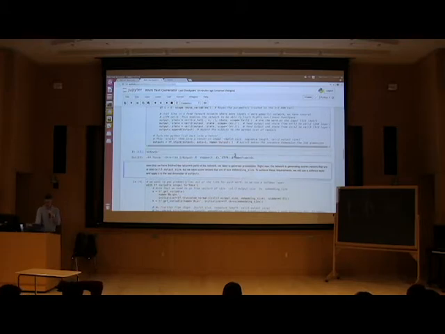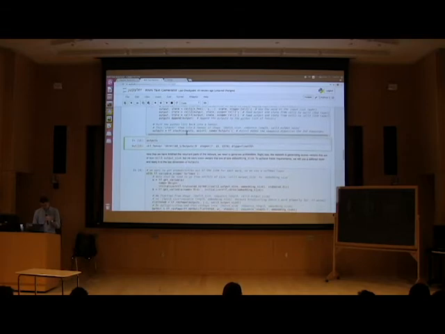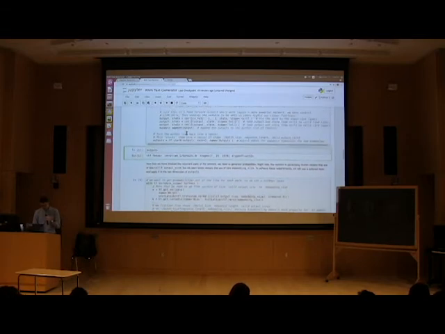Okay, so yeah, that's the shape of outputs.